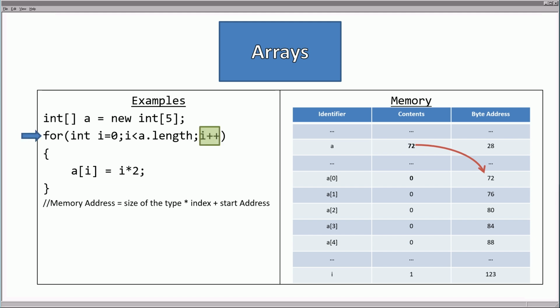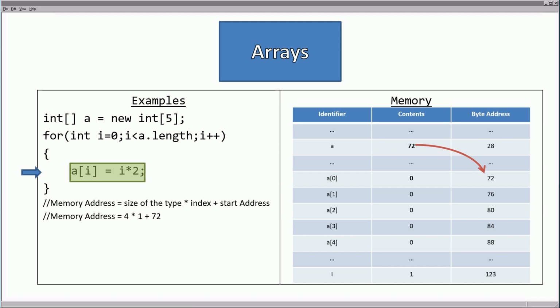Now we increase the value of I by 1, and then we check it again. 1 is less than 5, so we run the body of the loop. Now in this case, we're doing A at index 1. So this means the size of an integer is 4 bytes. 4 times 1 is 4, plus 72, which indicates byte address 76.